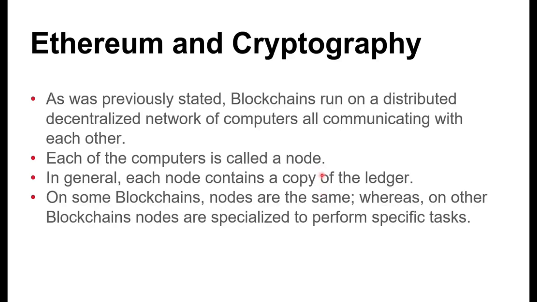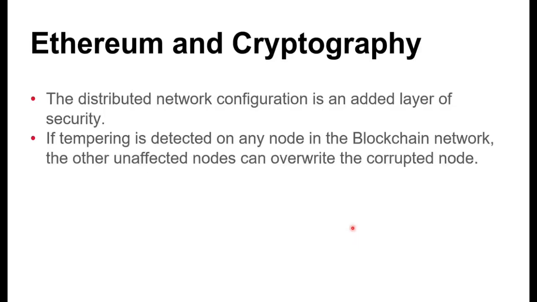On some blockchains, we have specialty nodes. Nodes specialize. There is also one ledger, so every node contains a copy of the ledger. On some blockchains, nodes are the same, whereas on other blockchains nodes are specialized and perform specific tasks. So Hyperledger Fabric is an example where there are specialty nodes.